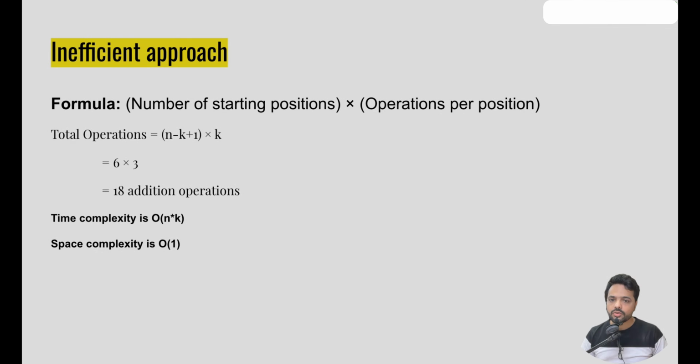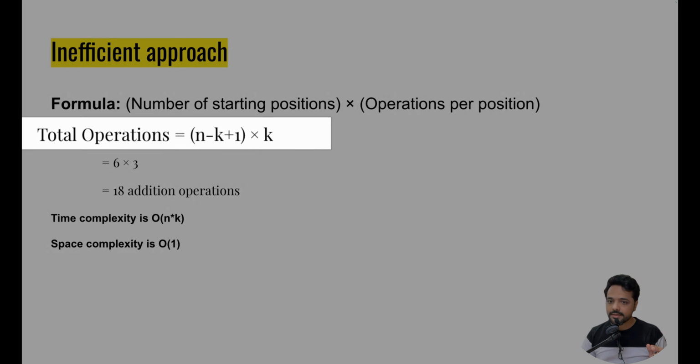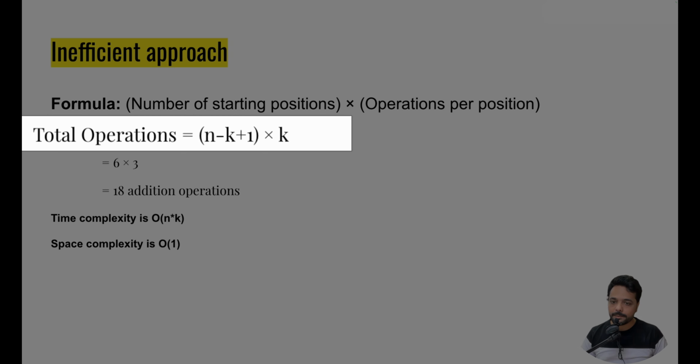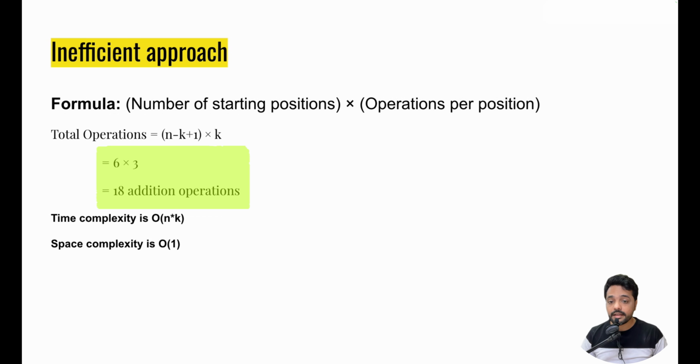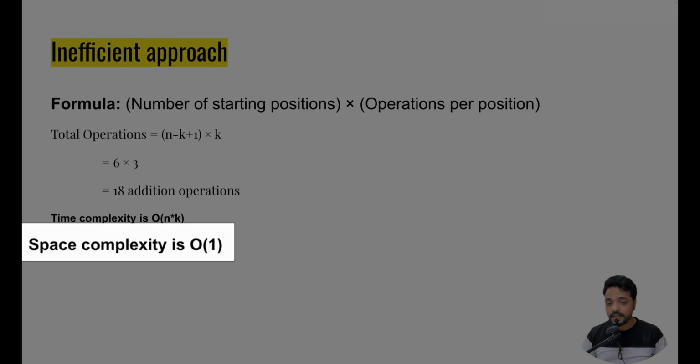So the total operations are the number of starting positions multiplied by operations per position. So it's n minus k plus 1 times k, which in our case is 6 times 3, which is 18 addition operations. So hence the time complexity is O of n times k, where n is the array length and k is the window size. And space complexity is O of 1, which is constant space.